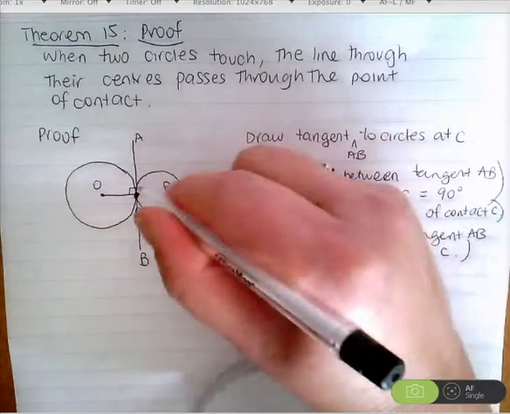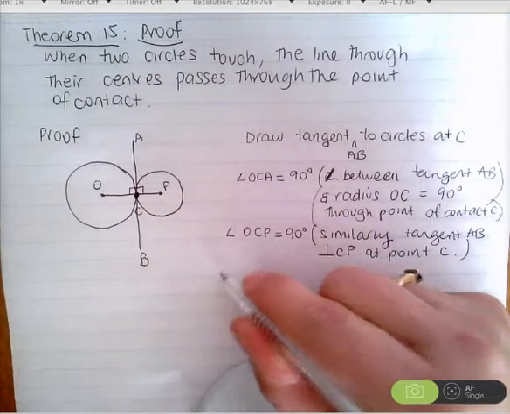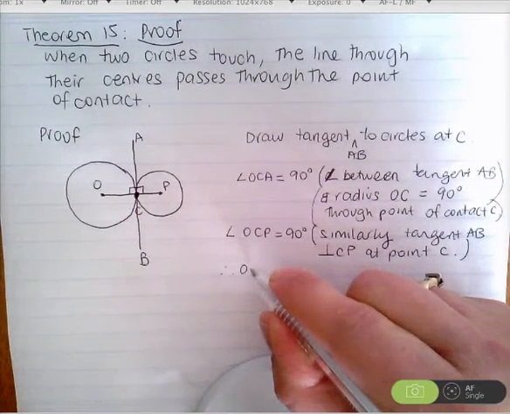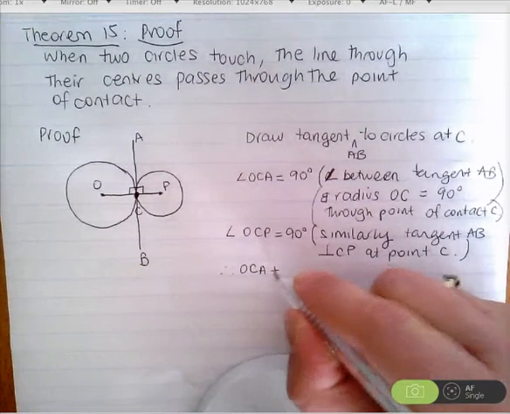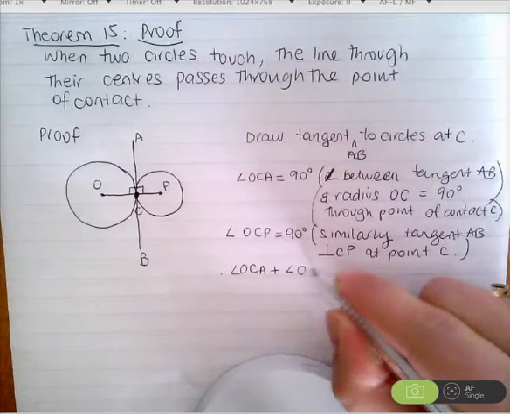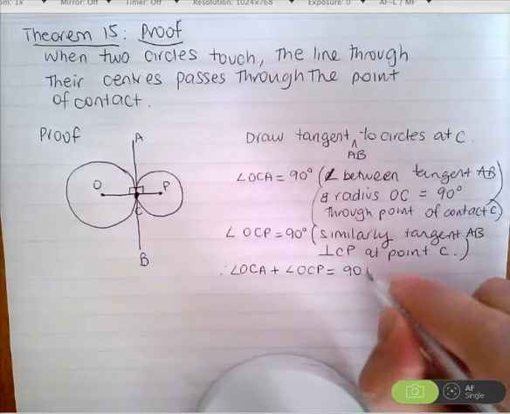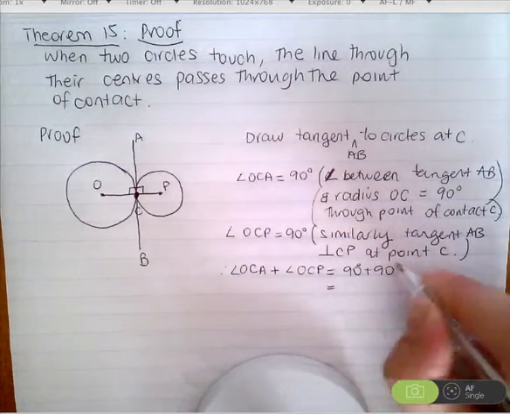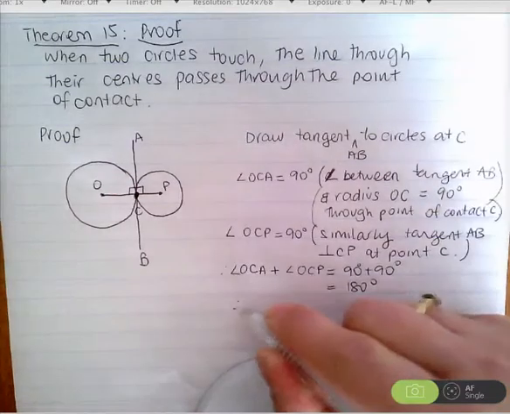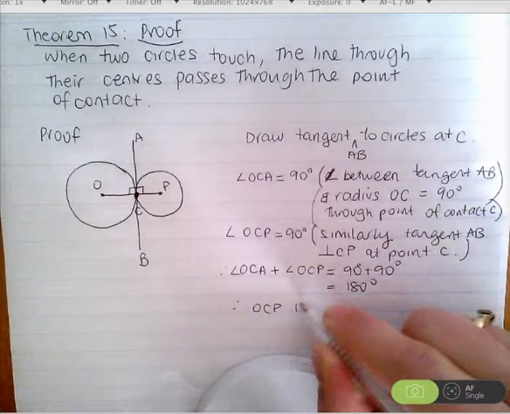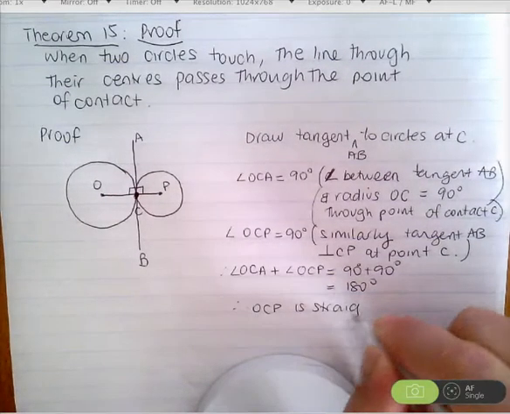So therefore we've got two right angles there, and so therefore angle OCA plus angle OCP is equal to 90 plus 90 degrees, which is 180 degrees. Therefore OCP is a straight line.